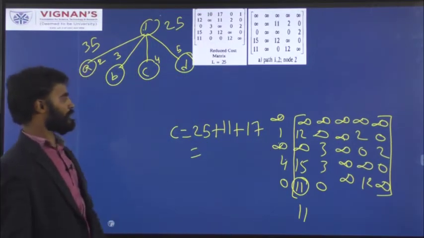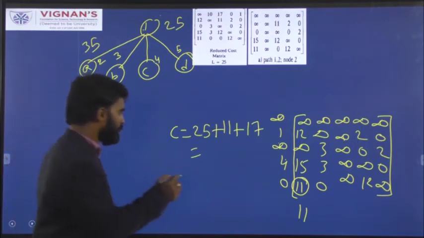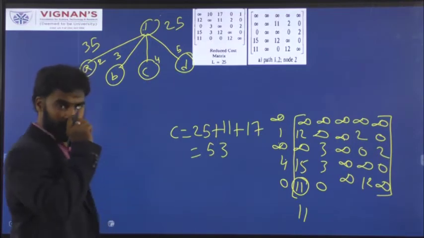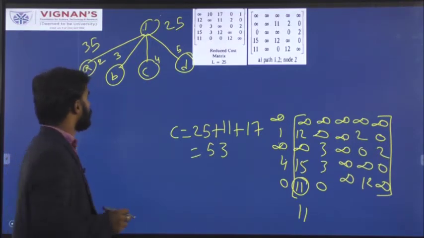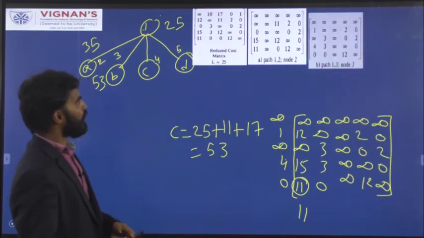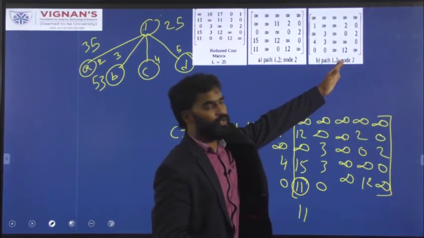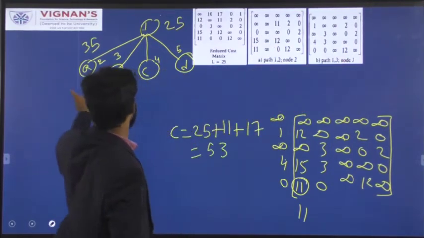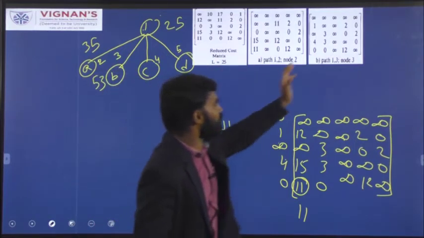So 25 plus 11 is 36, plus 17 is 53. So the cost of node B is 53. So this is the matrix for node 3 or node B.